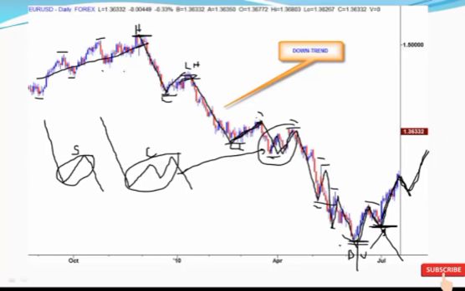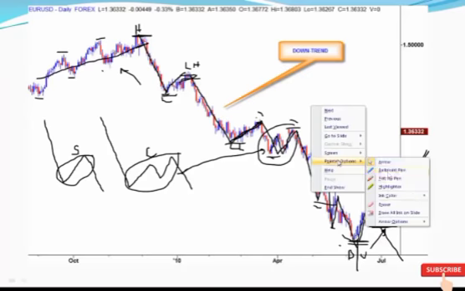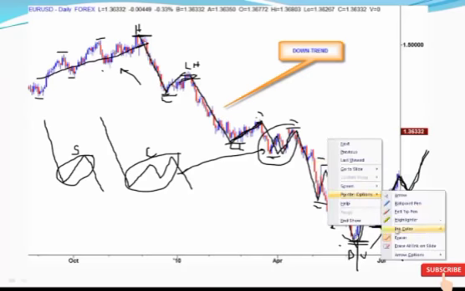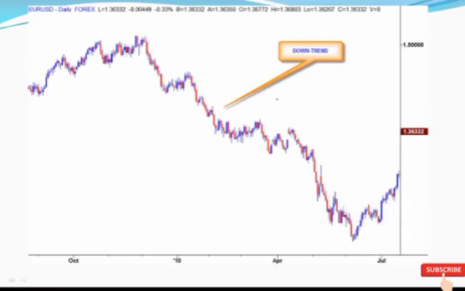Okay, just like you saw here, same process. So sometimes it's pretty, sometimes it's not so pretty. But at least we understand what a downtrend in this particular instance looks like.